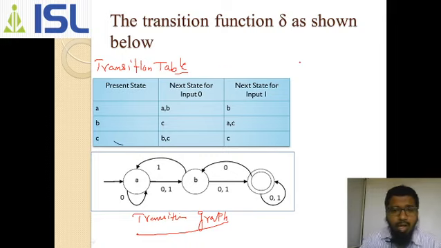First we will see this. A on input 0, what is the answer?